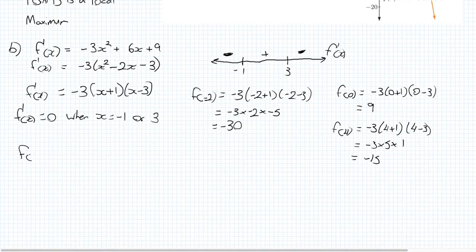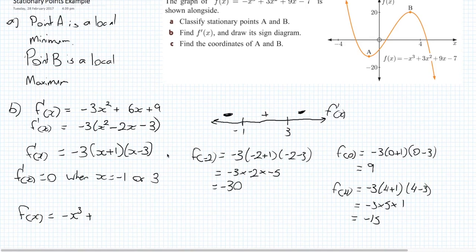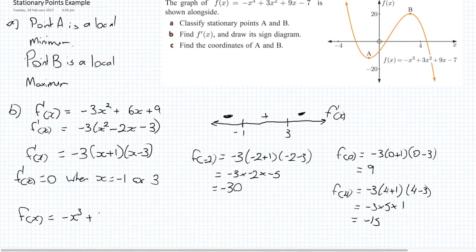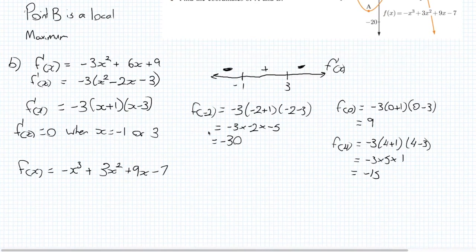So f of x is equal to minus x cubed plus 3x squared plus 9x take 7. Alright, now I've got that, we can move on.